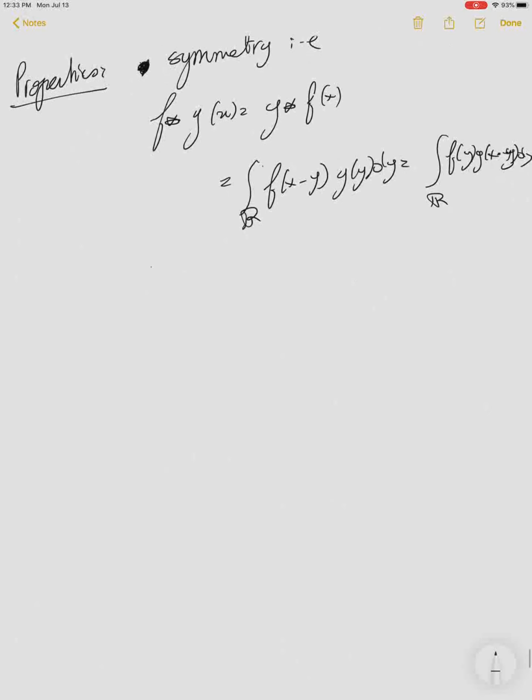Okay. So the proof: f convolved with g at x is equal to the integral over R of f of x minus y g of y dy.